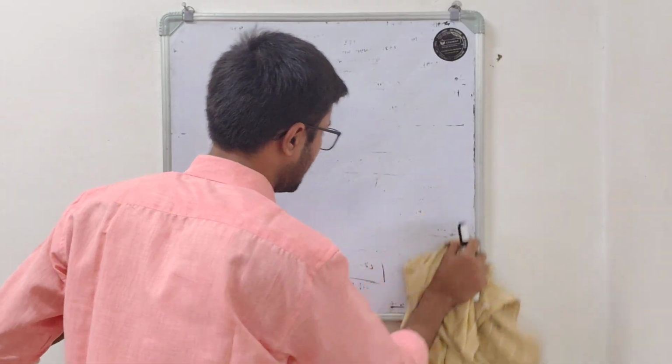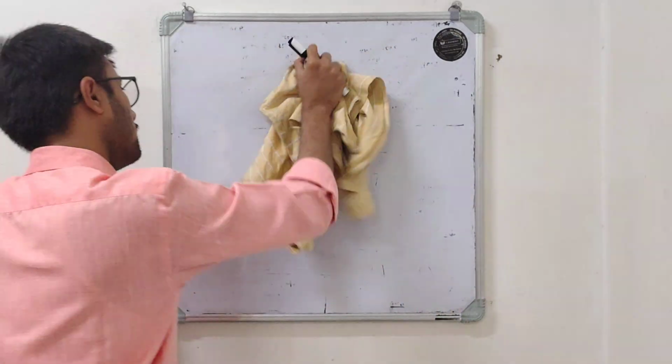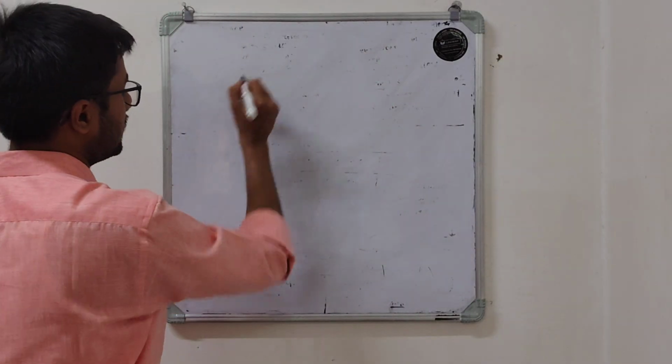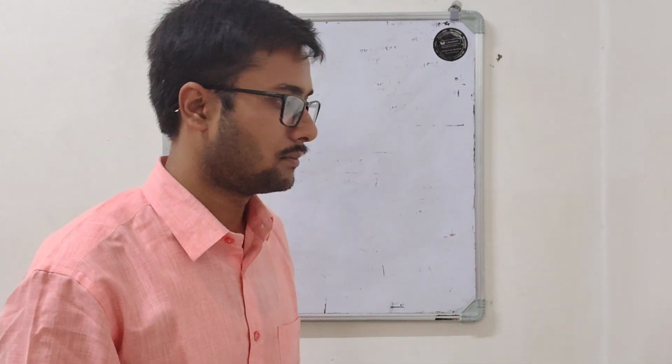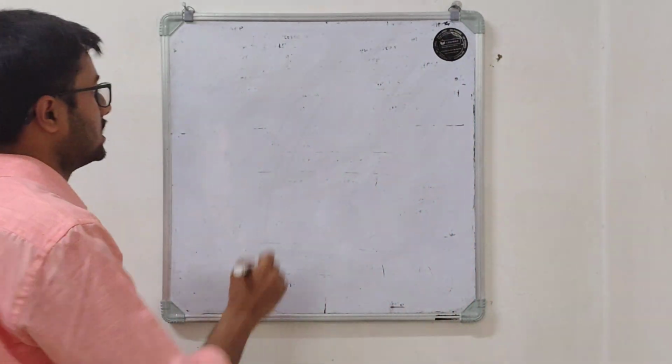Okay, so ready for the graphical representation of the difference between the incidence and the prevalence. Let's suppose we take a study duration of 1 year, and we start the duration of a study from the 1st January 2025 to the 31st December 2025.